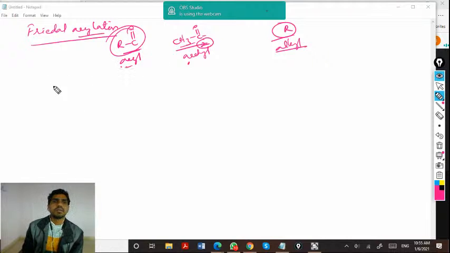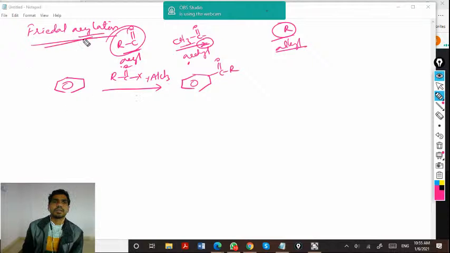Here also the aromatic ring is taken. In acylation, the product will have an acyl group. So what could be the reagent? It is very simple: you add a halogen here and a Lewis acid here. This is Friedel-Crafts acylation, in the presence of a Lewis acid and acyl halides.